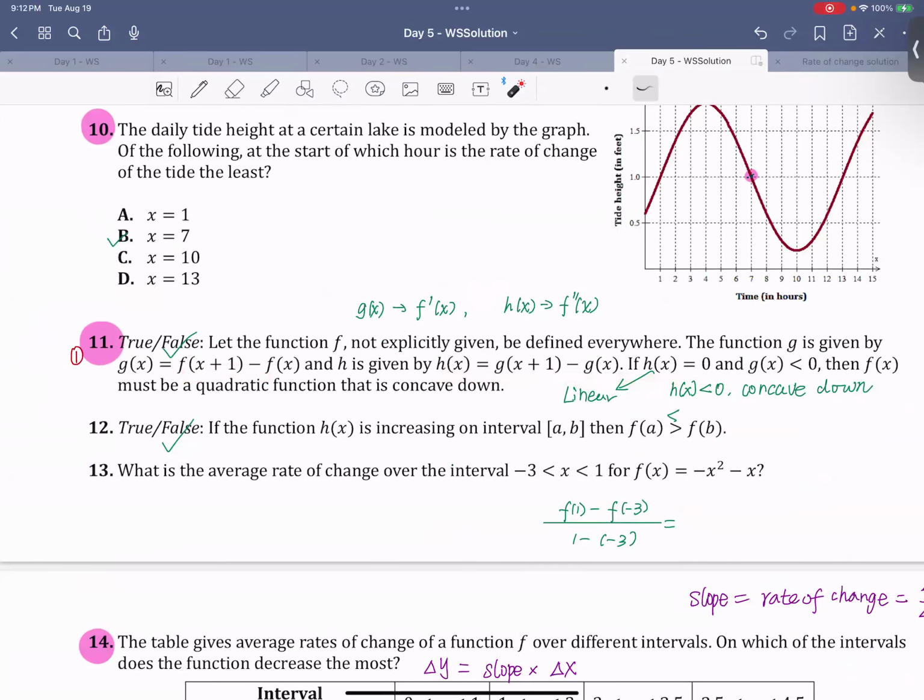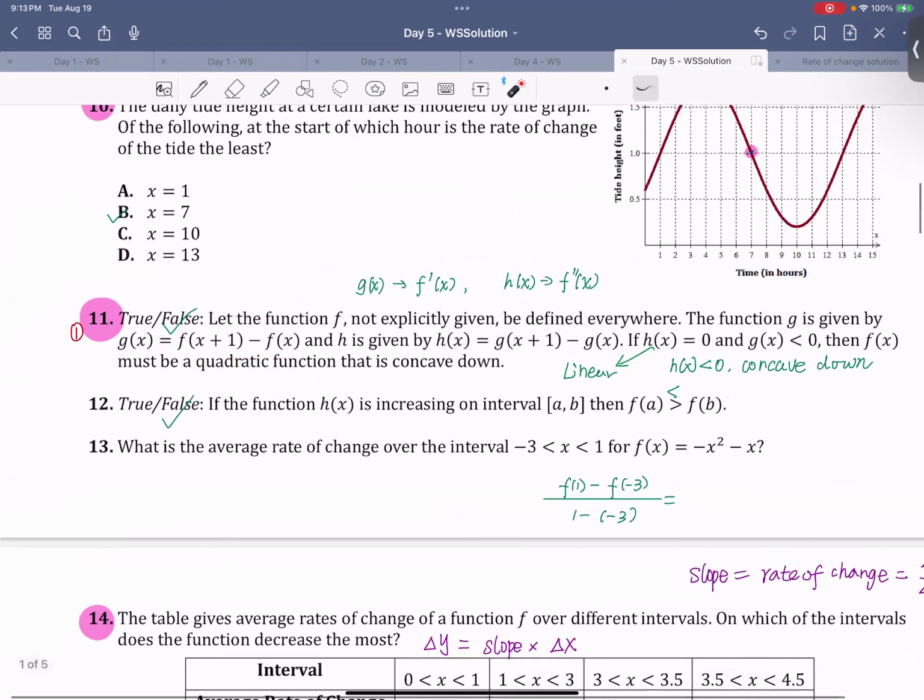Because f(x+1) minus f(x) is the definition of slope, this is the rate of change, and this is the rate of change of the rate of change. I know students don't know what these are, so I would pick this as my first question.